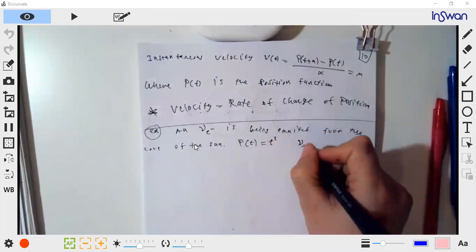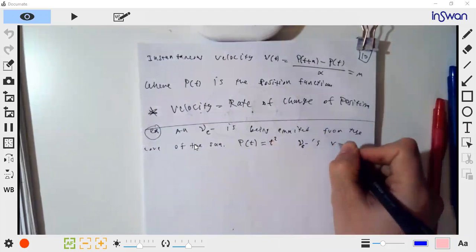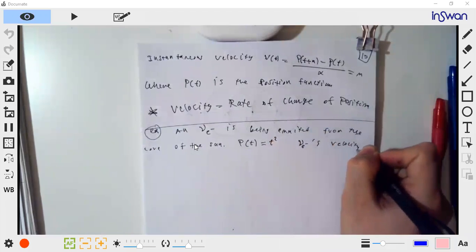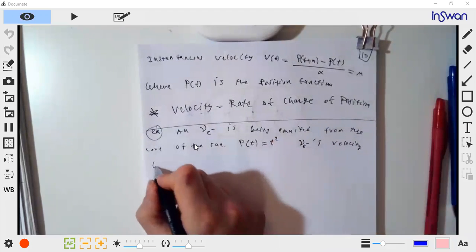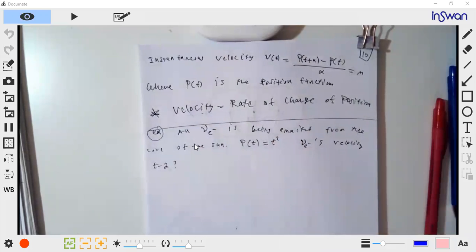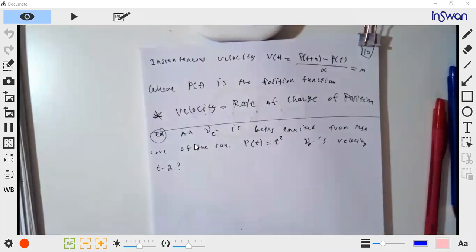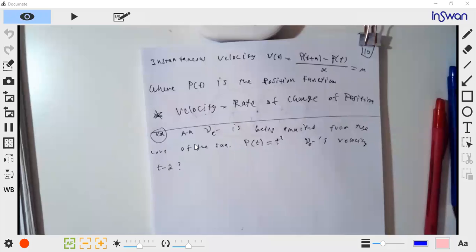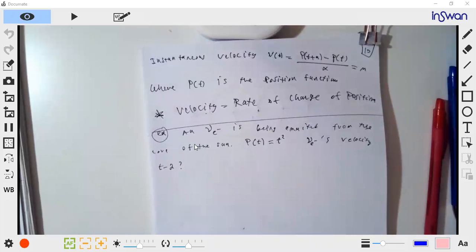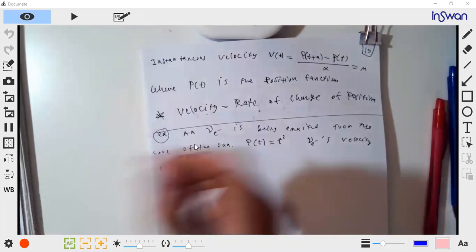What is the electron neutrino's velocity at t equals 2? And when we say what is its velocity at t equals 2, not from t equals 2 to some other time, this is implying it's the instantaneous velocity at t equals 2.